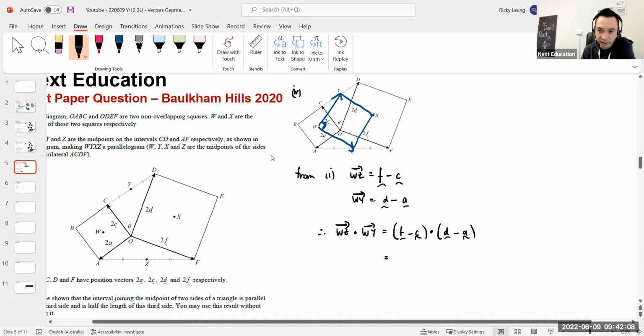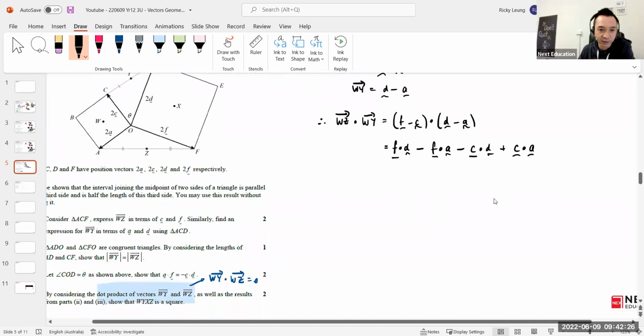Expand that and you sort of get f dot d minus f a minus c d plus c a. Now, is it possible to use what I proved downstairs? So let's see, a f, that's this guy, is equal to negative c d. Maybe we'll cancel stuff out.